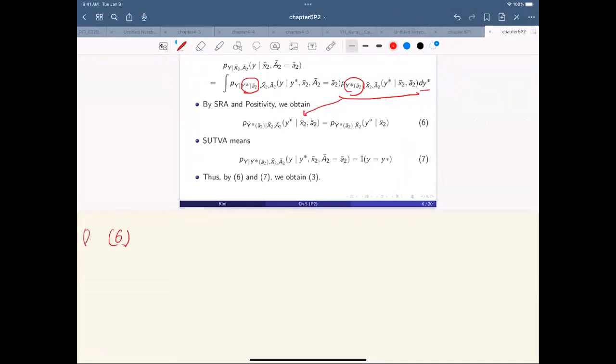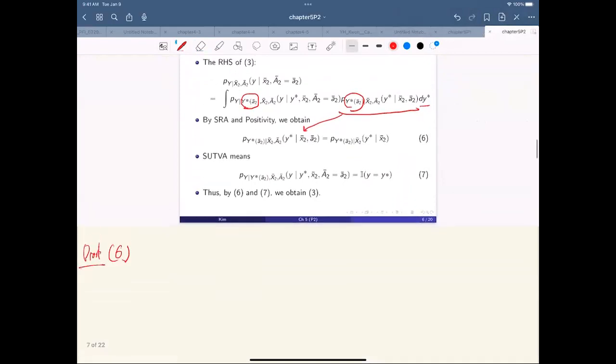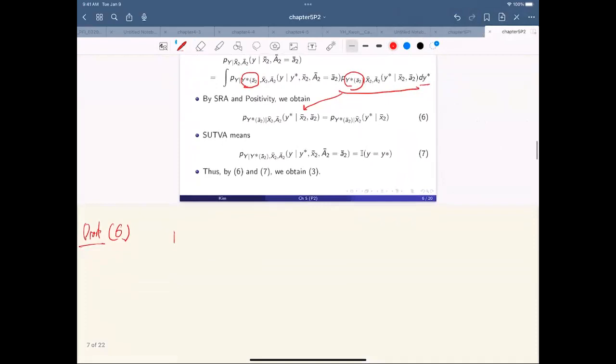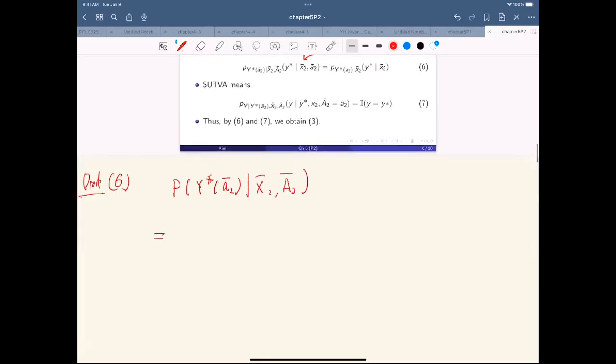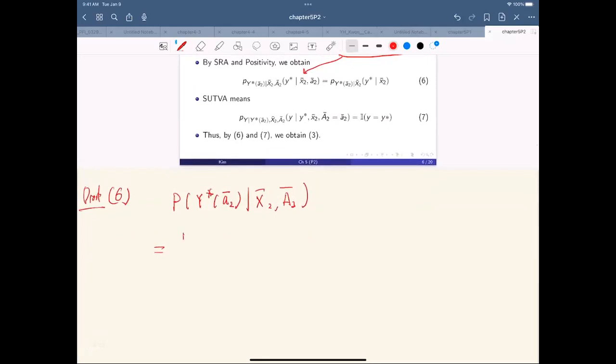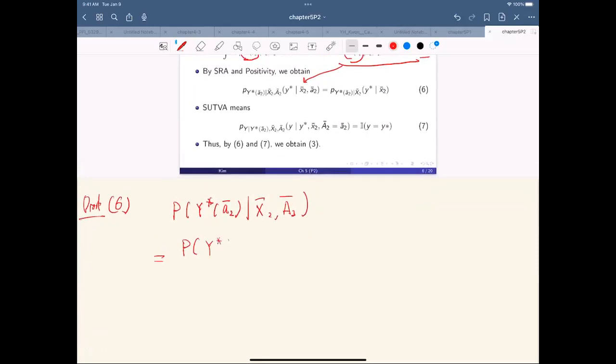Proof. So basically, we'll just use a simple notation, something like this. X bar to A bar 2 equals. So sequential randomization, not yet. So Bayes theorem, right?